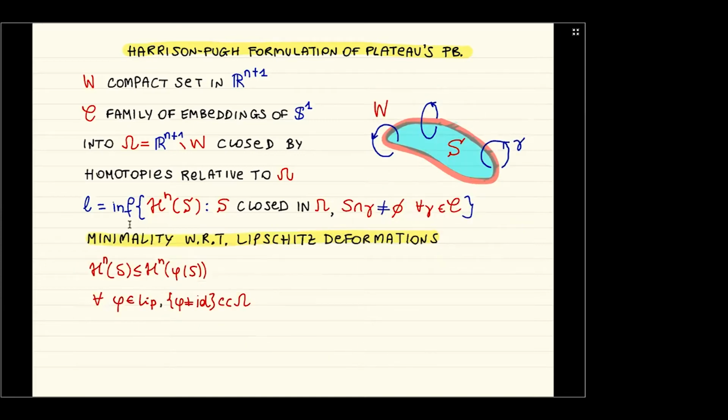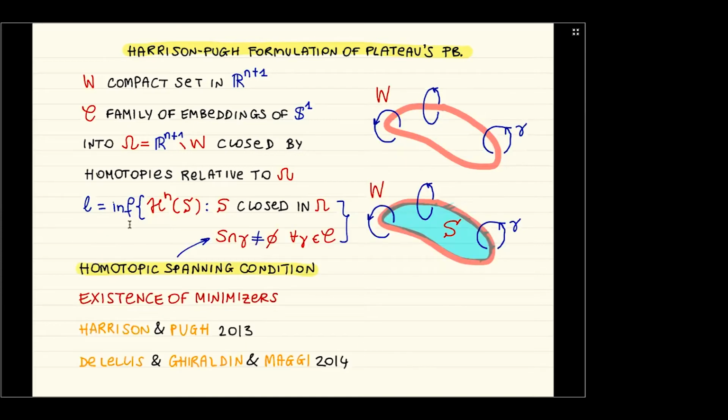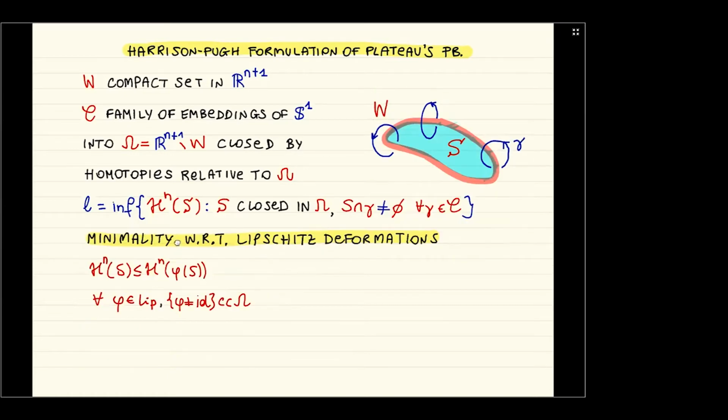And let me give you an interesting property of this problem. If you minimize n-dimensional area of an n-dimensional object in n+1 under the condition of intersecting all these loops, then you can check that your minimizer, which exists, actually minimizes n-dimensional area with respect to all Lipschitz deformations that are equal to the identity outside of a compact set away from the boundary wireframe.